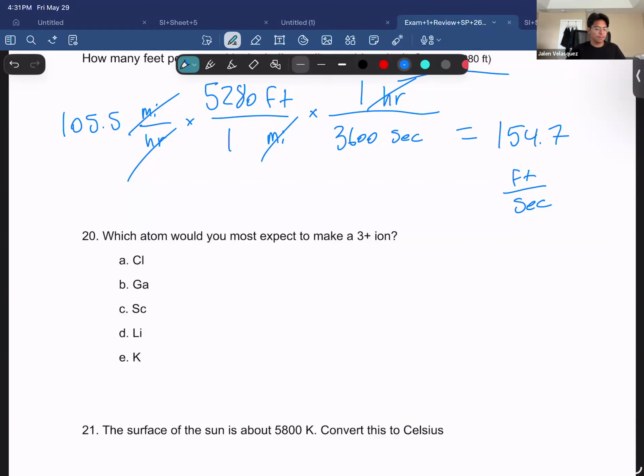So what do we think here? So for 20, the answer is going to be B, gallium.